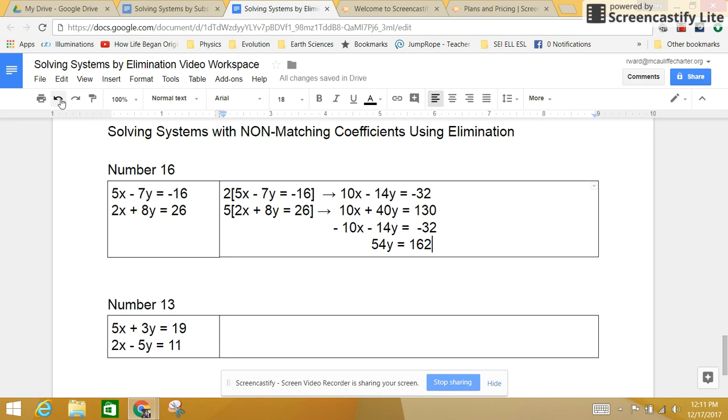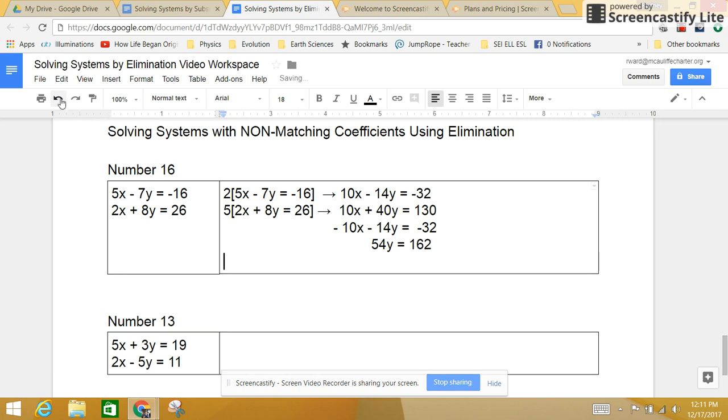Now, both of those are multiples of 9. That's something I noticed right off the bat, because 162 is 81 times 2, and 54 is one of the multiples of 9. But what I need to do is divide both sides by 54.